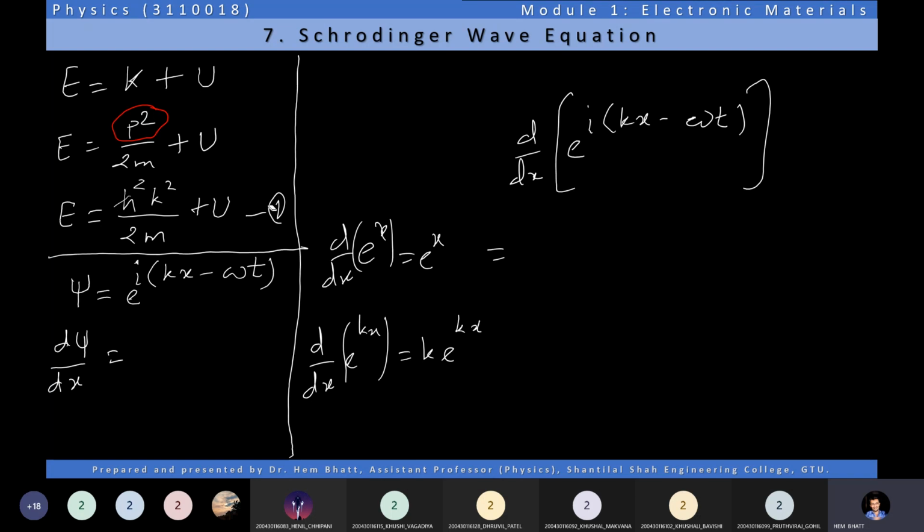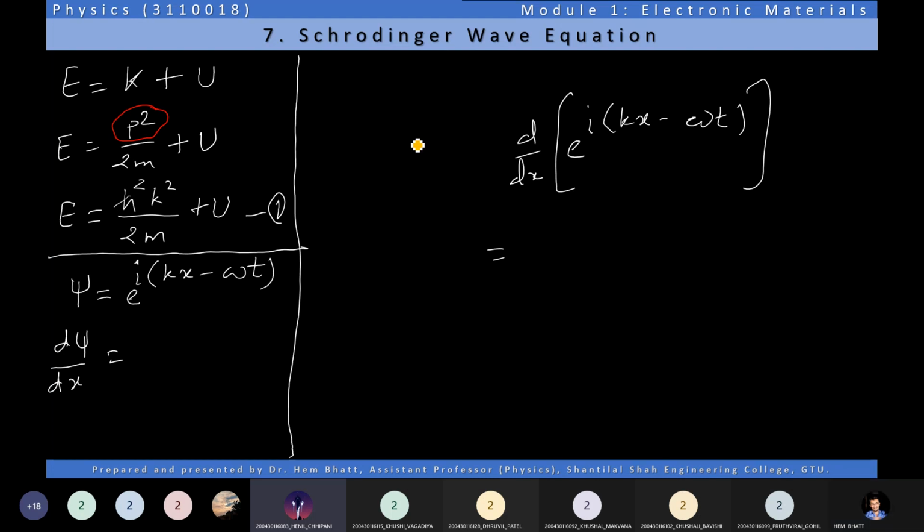Now for the present equation, tell me, what should be the differentiation? Sir, ik. Very good. e raised to i kx minus omega t. Now with x you have this i and k. You don't have to worry about omega t, because you are differentiating with respect to x, omega t will not appear.